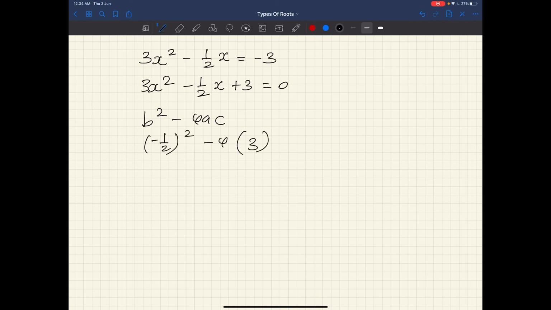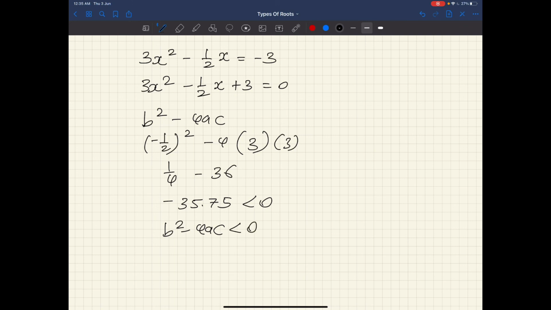My a here is 3. My c here is 3. Alright, so I'll end up with 1 over 4 minus 4 times 3 times 3, minus 36. If I simplify this, I get negative 35.75, which is less than 0. So my b squared negative 4ac is less than 0.